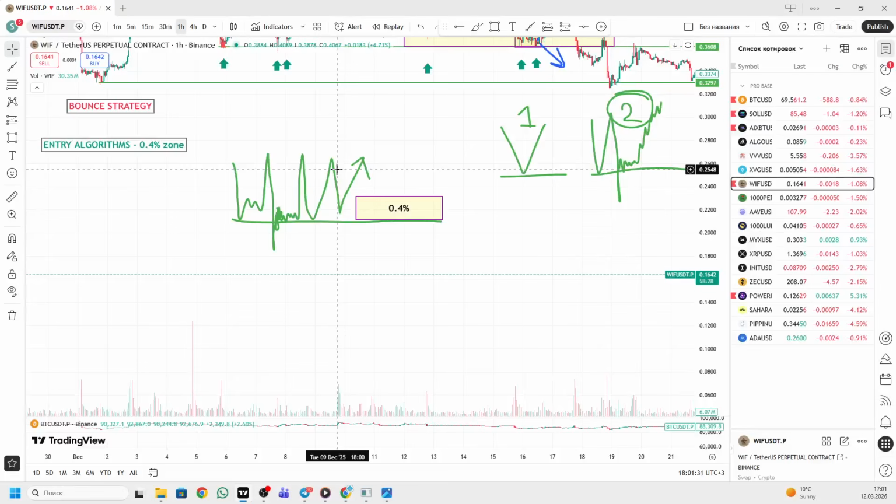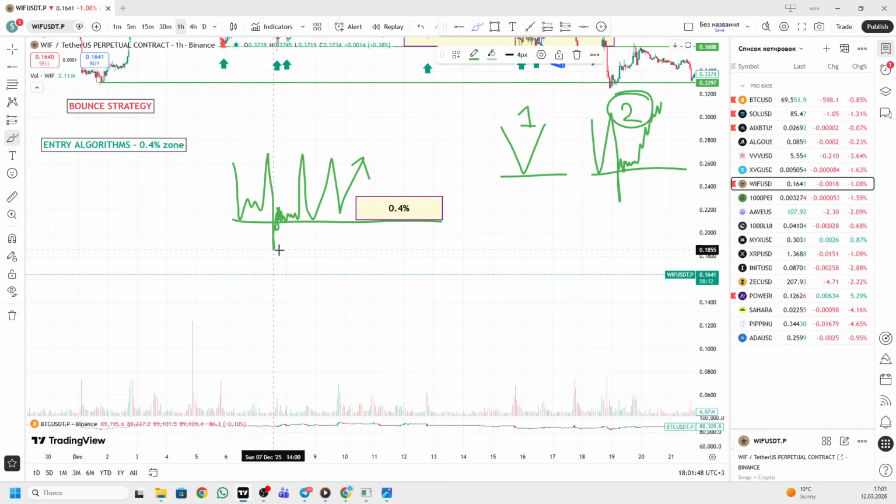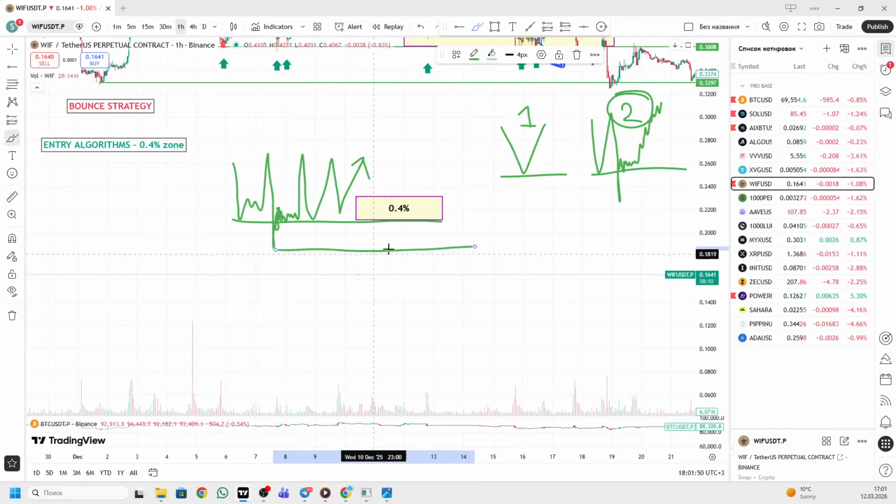Let me repeat one more time, guys. A level is an area. Even if a wick sticks out and pokes through the level, we still understand that all of this creates a zone. So this is a zone, and we must take this into account.